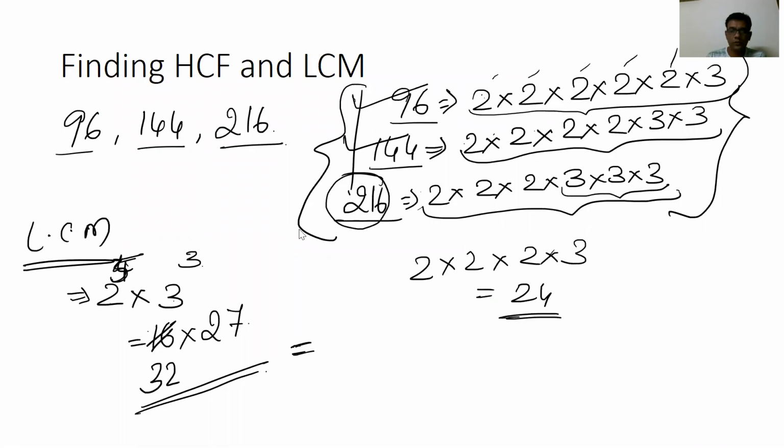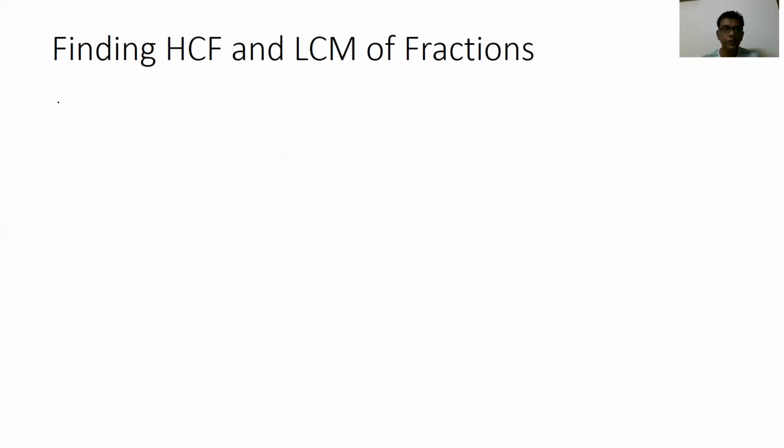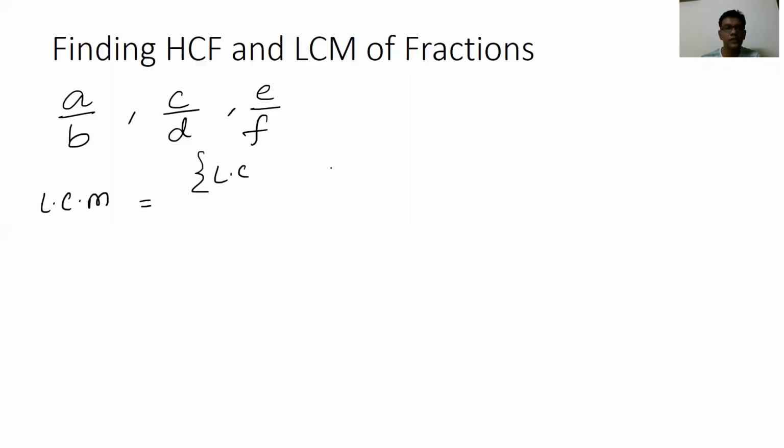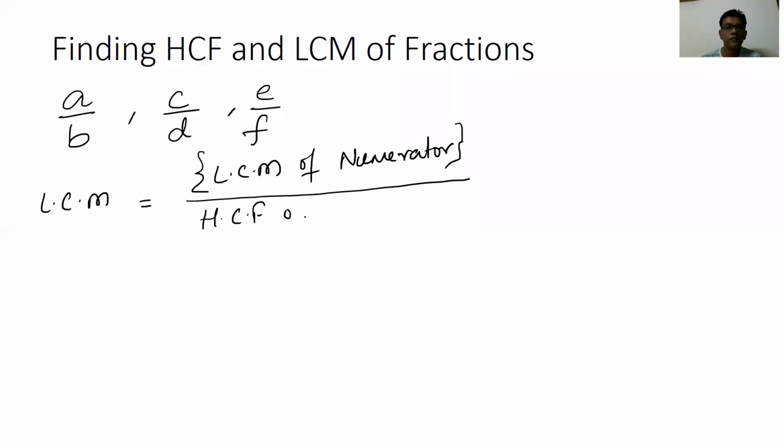Now coming to the next one. There are certain questions where you have fractions. So we know A by B, C by D, E by F. Let's say this is a fraction. So how do I find the LCM of fractions? LCM of fractions is always LCM of the numerators divided by HCF of the denominators.